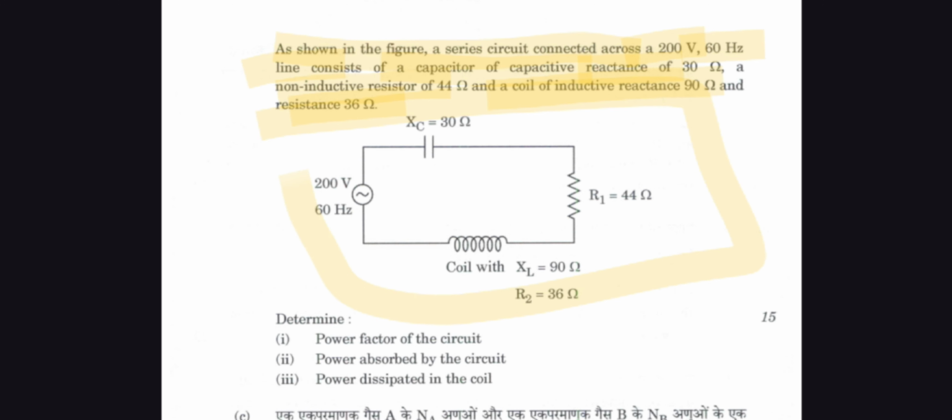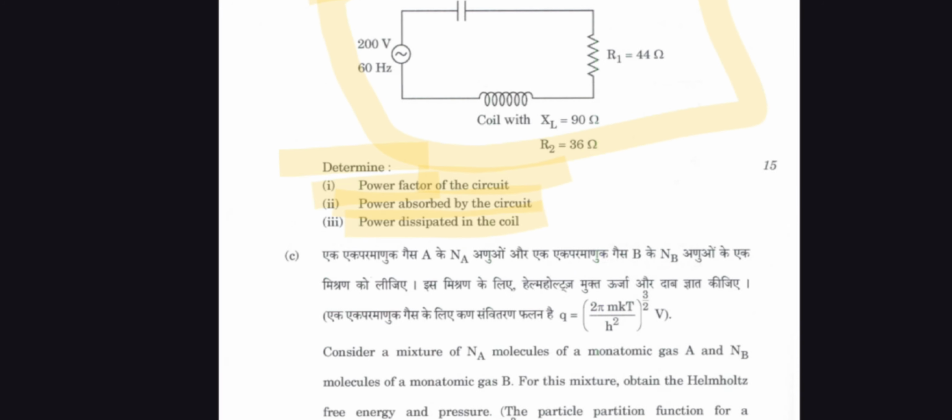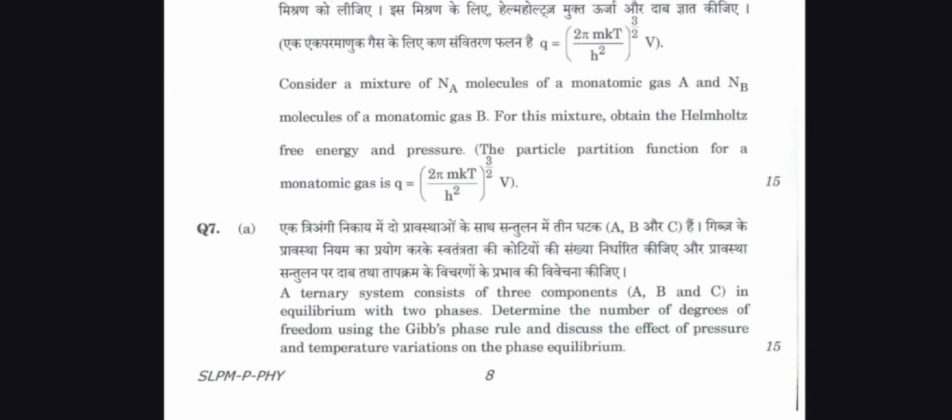You can see this diagram, and determine one by one the power factor of the circuit, power absorbed by the circuit, and power dissipated in the coil.